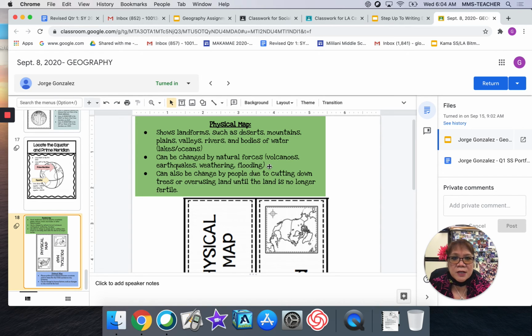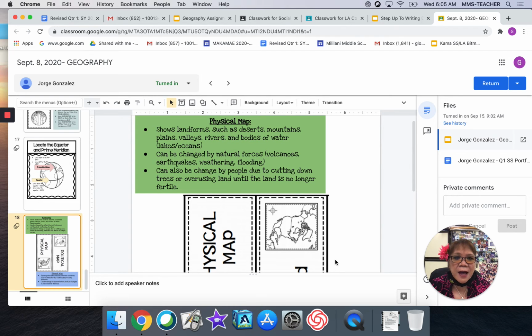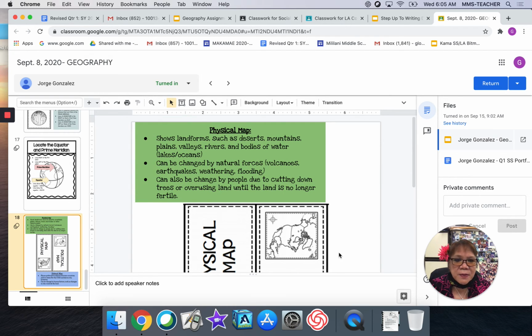Okay, so these are the descriptions that you will write under each flap. Now, the nice thing about this video is you can always pause it to copy it down. But the other option you have is go into your Geography Interactive Notebook, the digital, and look at it and copy it from there. Okay?